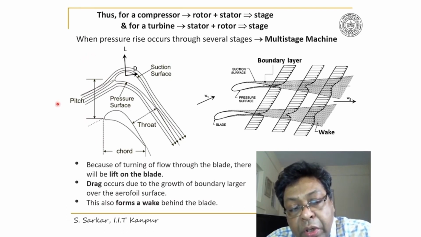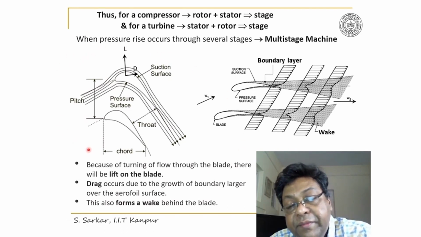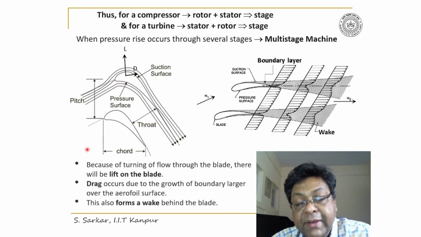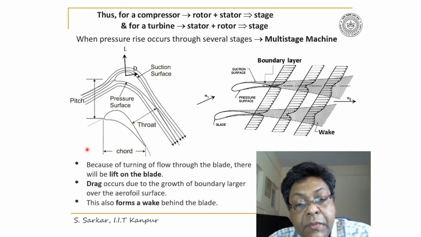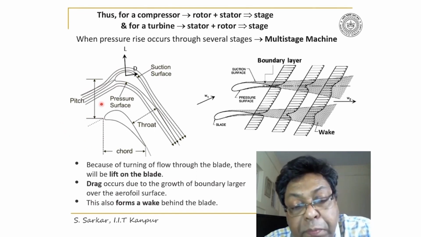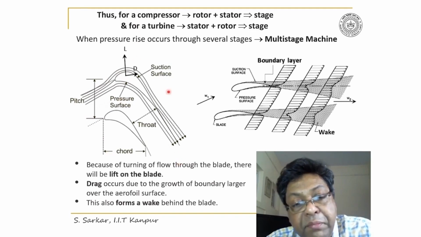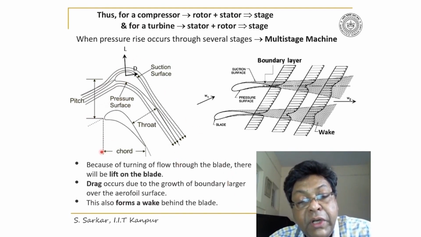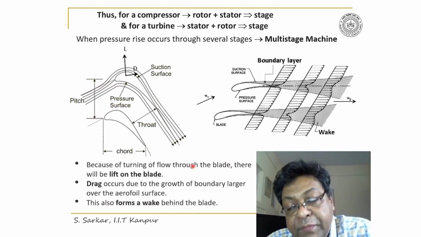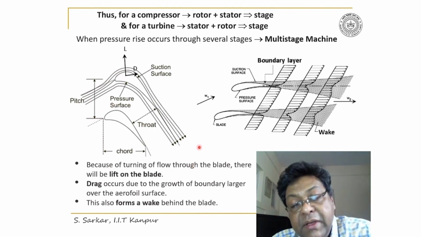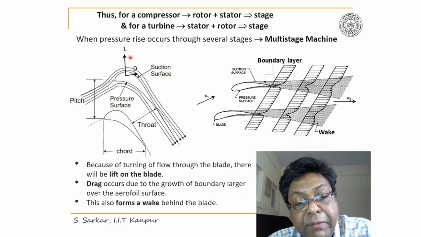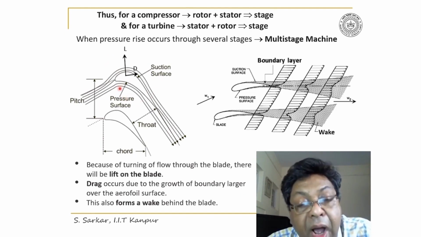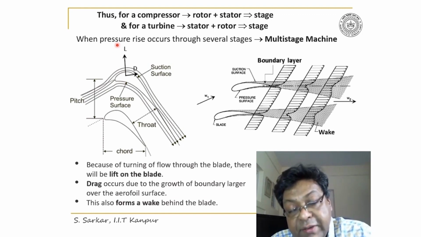Now, through this sketch, I have illustrated how lift and drag develop on blades. Please note that as the flow passes through a series of blades, the fluid deflects, and because of this deflection, because of the turning of the flow, circulation develops on the blade, and thereby lift is generated.